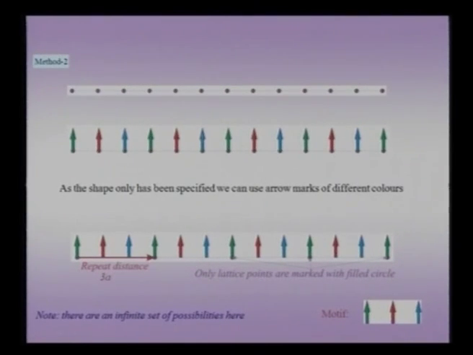So by changing the color here, I have now created a crystal as shown in the bottom figure, which has a repeat distance of 3a. In other words, the lattice parameter of this crystal is 3a, while if I had originally considered this lattice at the top, it would have had a lattice parameter of a. But clearly, as I had pointed out before, the only lattice points we can consider are not every arrow, but every third arrow center or every third arrow bottom is a lattice point.